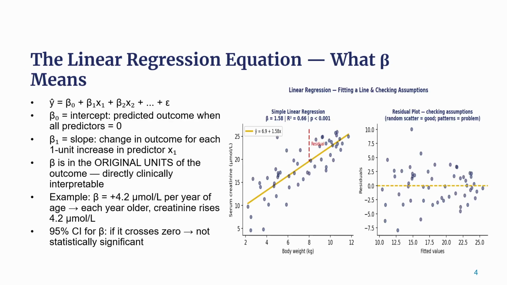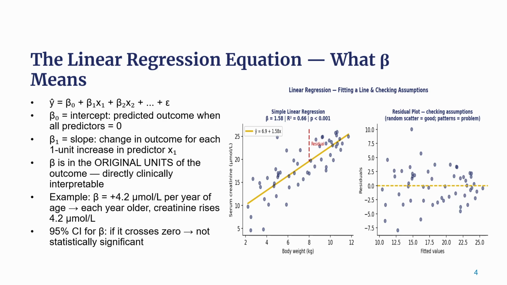Here's the beauty of linear regression compared to logistic regression. The output is directly clinically interpretable without any back transformation. The beta coefficient is in the same units as your outcome.